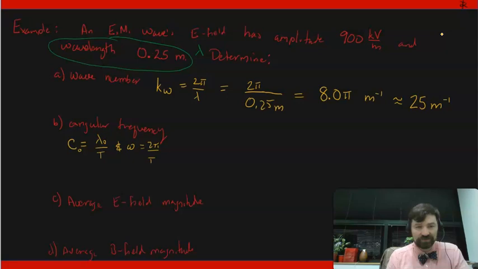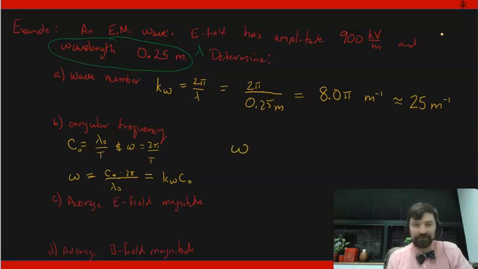So if you combine these two equations, then you have omega is c naught divided by lambda naught times 2 pi. But 2 pi over lambda naught just is the wave number. And so this ends up looking like wave number times c naught.